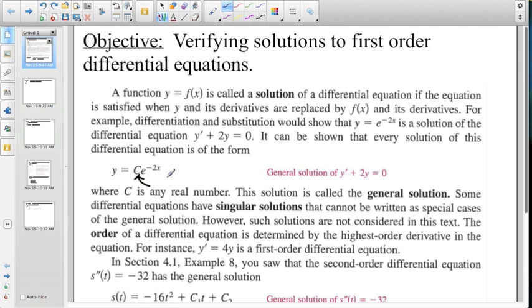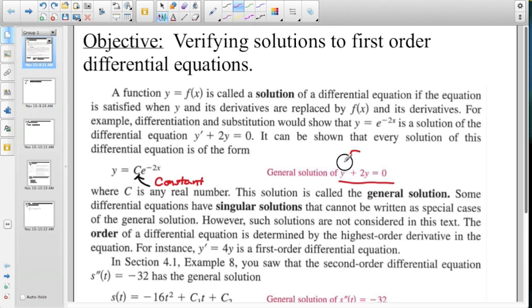When it has a constant of integration where we haven't figured out a particular value, we just use a constant, and then it represents a family of functions that behave as, in this case, e to the power negative 2x. And so this is a general solution of this differential equation.